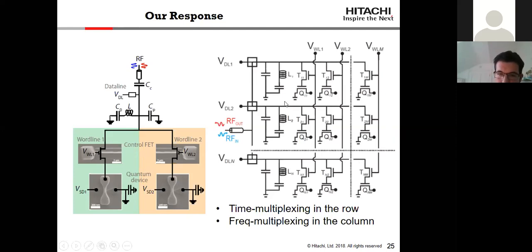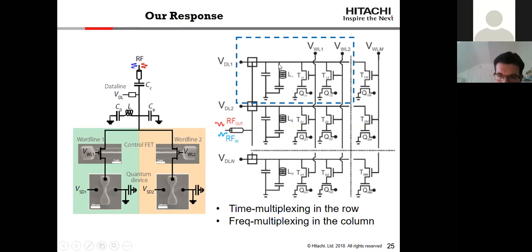This is our proposal, for example, of how that arrangement will scale, in which you can again recognize the DRAM cells that are now interfaced in the row with a single resonator, and in the column with a single voltage for control of the access transistor. And the readout should happen in this architecture via both time domain multiplexing and frequency multiplexing.